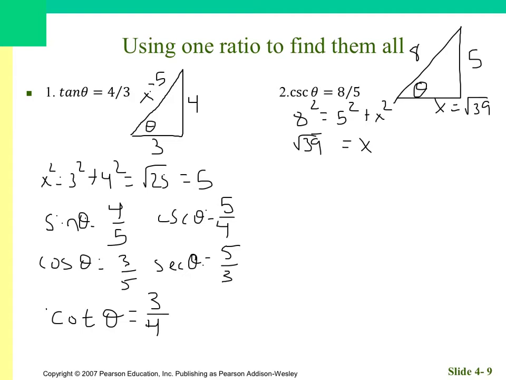So now sine of theta. Well, I already know that one's 5/8 because it's the inverse of that. Cosine of theta. Adjacent over hypotenuse. Secant of theta. Hypotenuse over adjacent.